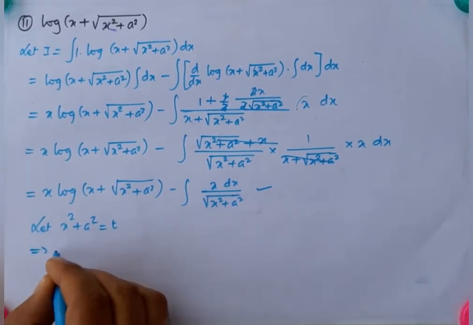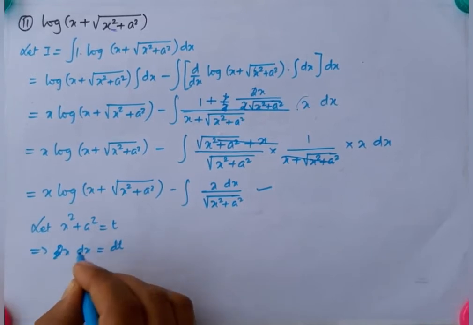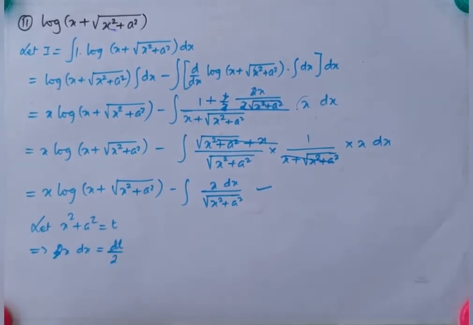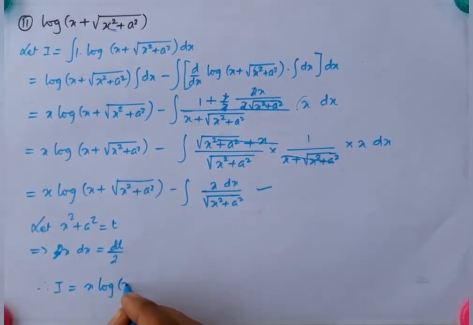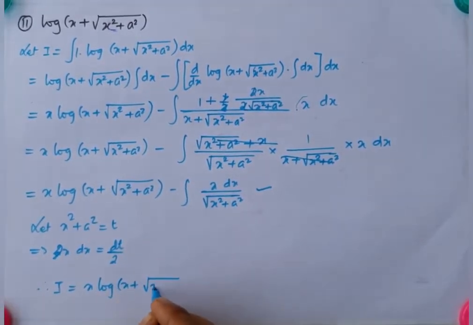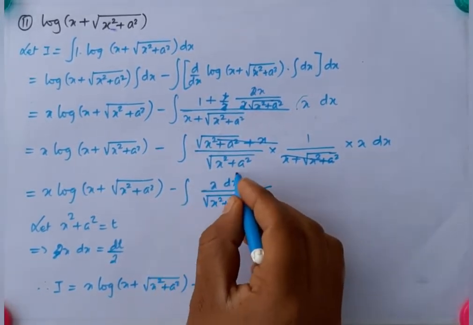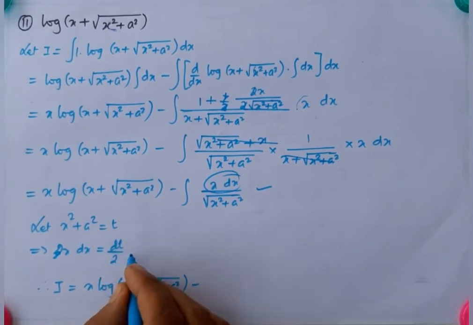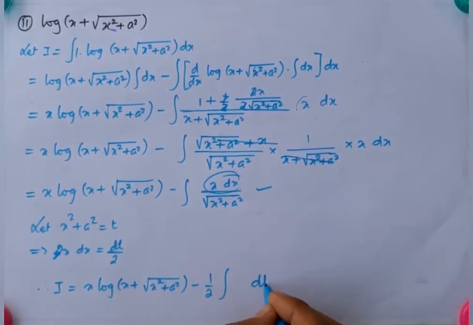So from here you see that 2x dx equals dt, that is x dx will be dt by 2. So therefore your integral I will change into x, so this will be kept as it is. So x plus square root of x square plus a square minus, you know that x dx is half dt, so this half will be kept outside. So we have dt.